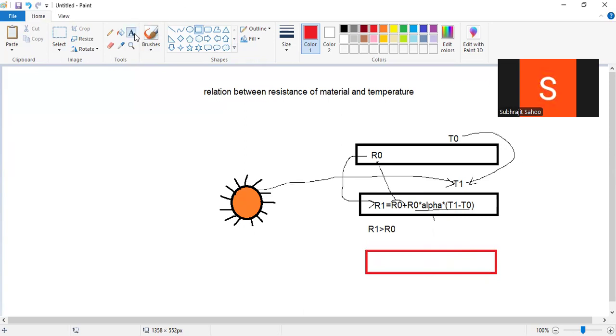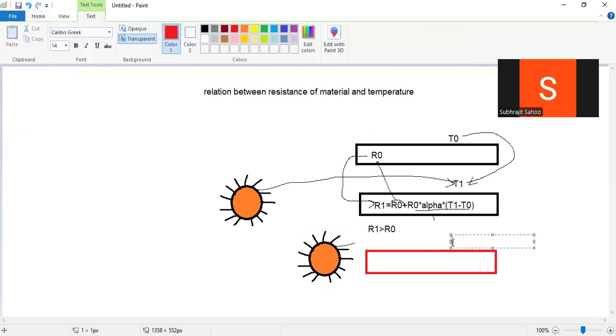Now this time, suppose the sun is a little bit closer to the material, right? If it is closer to the material, that means the rise in temperature is more. Yes. Now this time the temperature is T2.